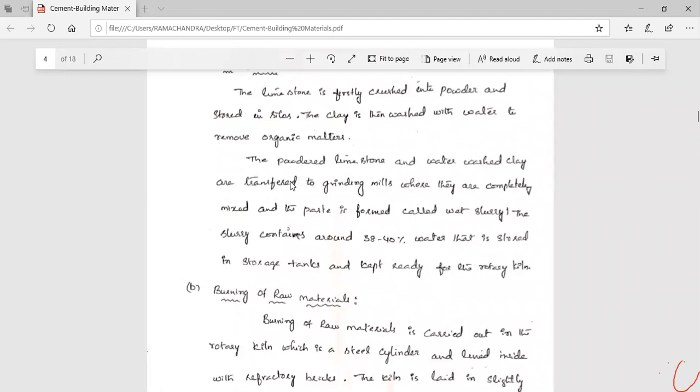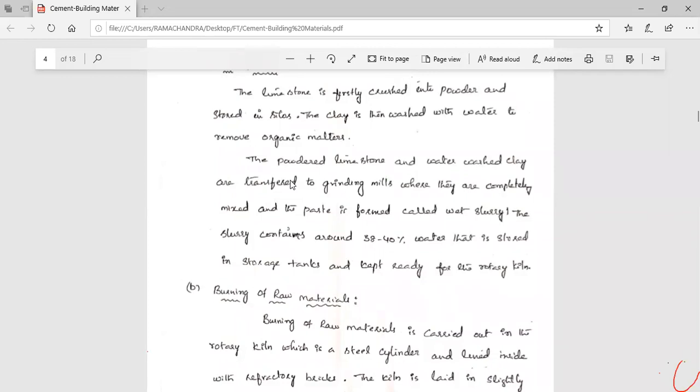The limestone powder and the water-washed clay are transferred to grinding mills. Firstly we prepare limestone powder, then clay is washed with water for removal of organic components.